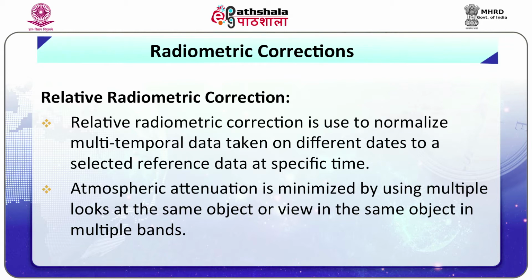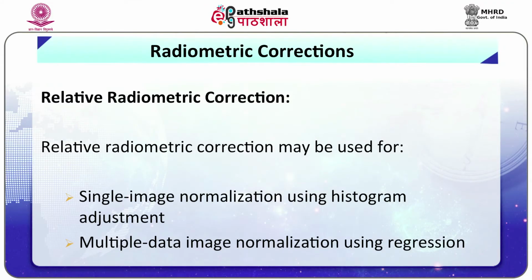Atmospheric attenuation is minimized by using multiple looks at the same object or by viewing the same objects in multiple bands. The multiple look method suffers from the drawback that the atmospheric path changes with the different looks. Relative atmospheric correction may be used for single image normalization using histogram adjustment, or multiple date image normalization using regression.